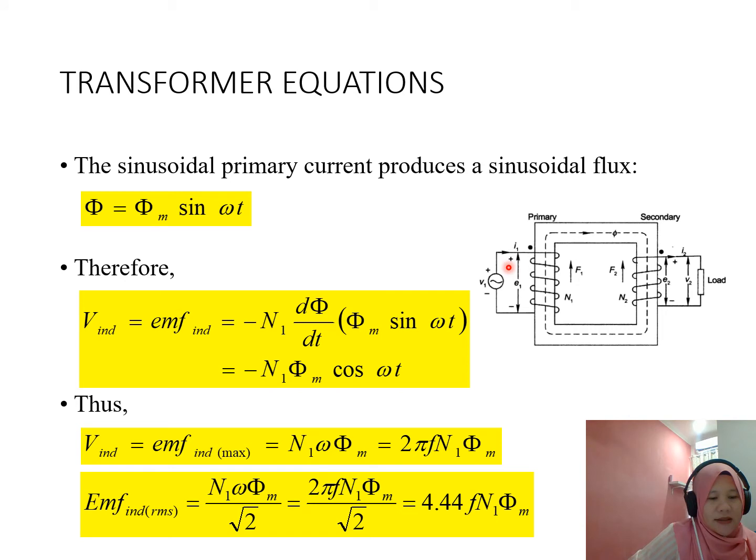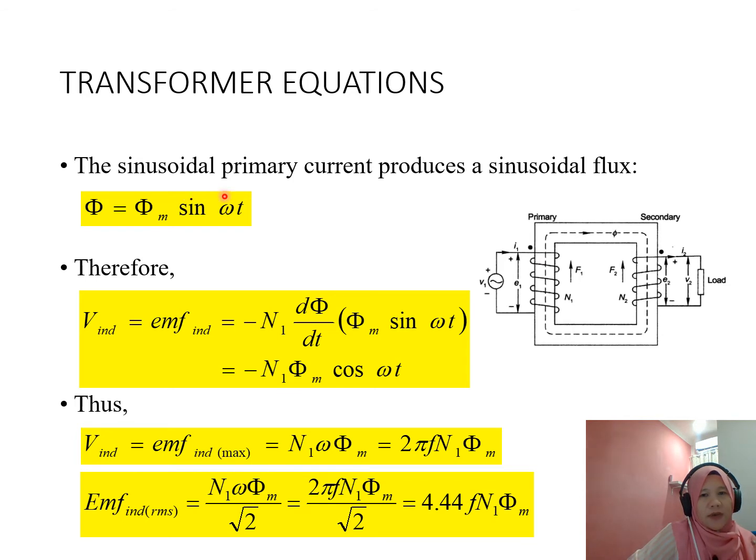The magnetizing current will produce the flux, and this will induce the primary and secondary EMF, electromotive force. So this EMF is also lagging the flux by 90 degrees. The magnitude of the primary induced EMF and the voltage supply is the same, but 180 degrees out of phase.